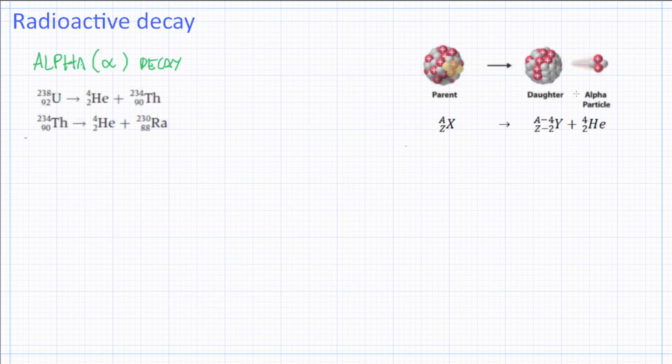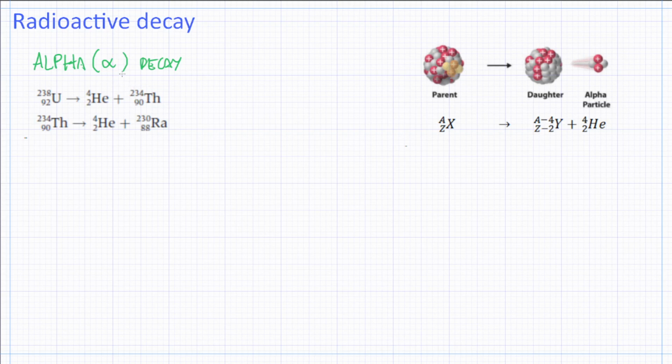So the first kind of radioactive decay that we're going to study is alpha decay. A note that I think is important to mention is that those names, alpha, beta, and gamma, were given much before we knew about most of the structure of the atom that we know nowadays.